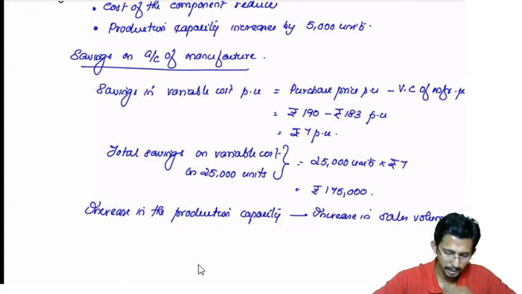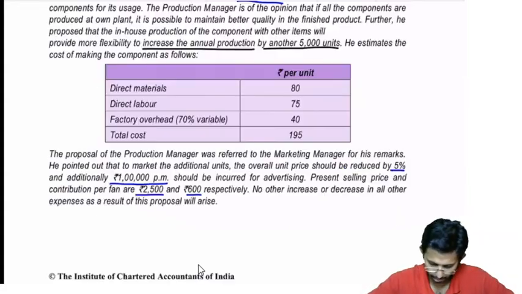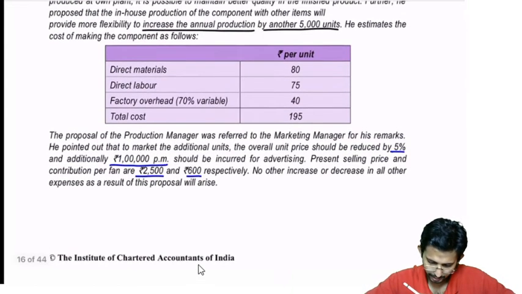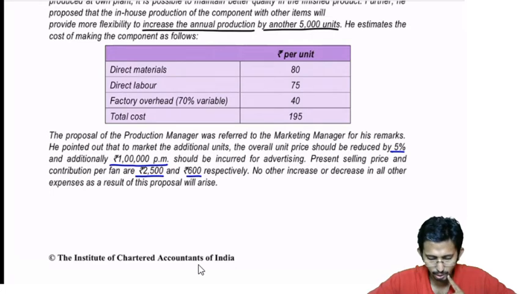This impact has to be analyzed. The marketing manager pointed out that to market the additional units, the overall unit price should be reduced by 5%, and additionally 1 lakh per month should be incurred for advertising.